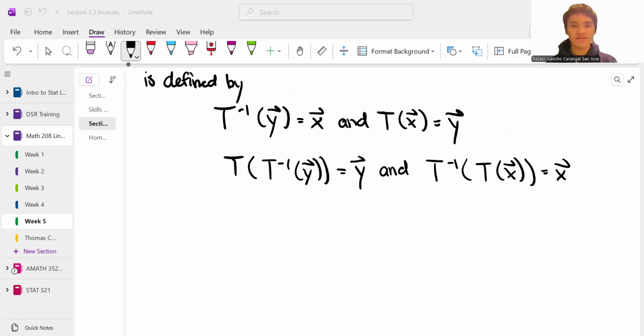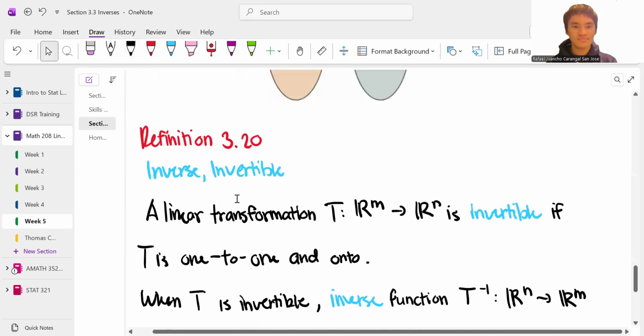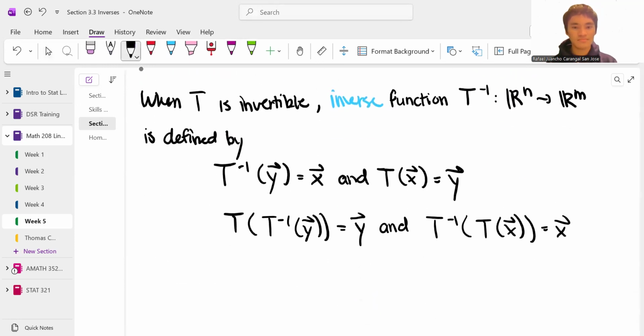So that's what that idea is. I hope that makes sense.